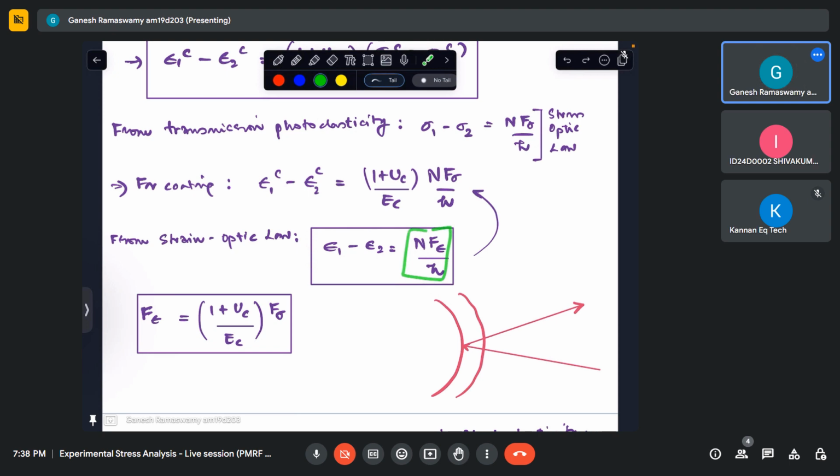But the experiment is still for our transmission photoelasticity, right? So this is a theoretical exercise. What we are relating to stress is just based on Hooke's law.